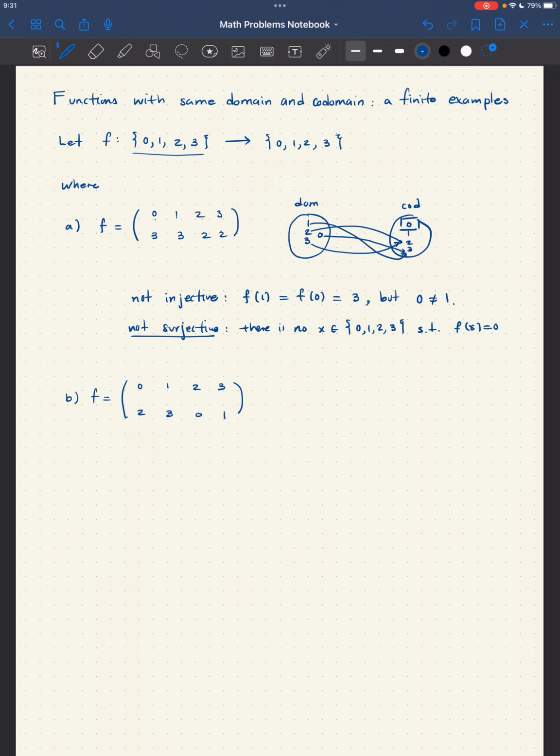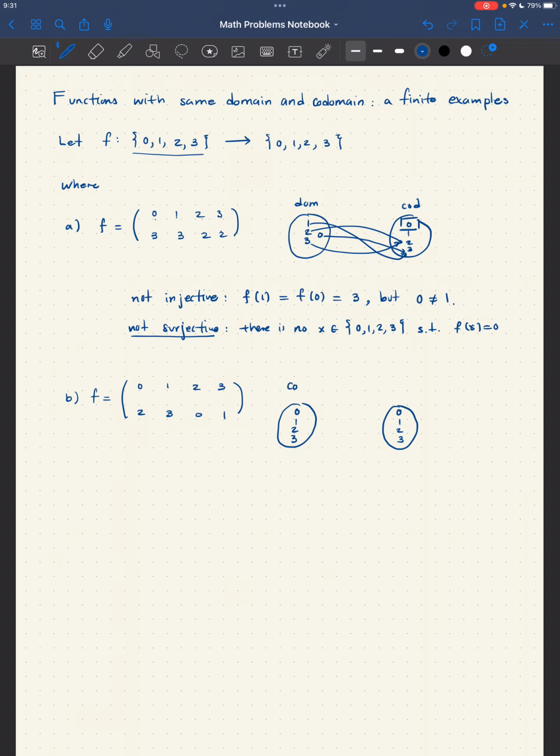Okay. Now for the second example, I'll provide it as a picture once again. We have 0, 1, 2, 3, and on the other side for the codomain I have 0, 1, 2, 3.